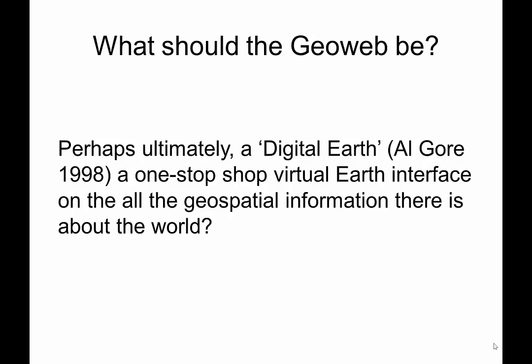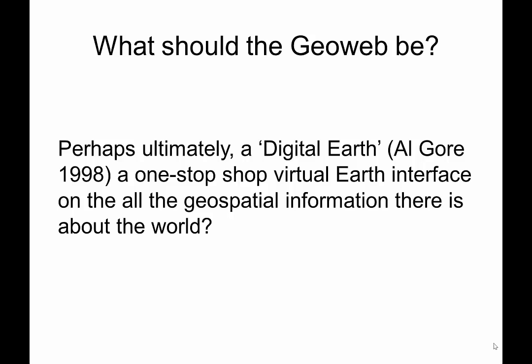So the internet Geoweb at the moment is a collection of isolated or semi-isolated applications and bits of data, managed by lots of different organizations from lots of different IP addresses and domains on the internet. And I guess this slide asks the question, is that what it should be?